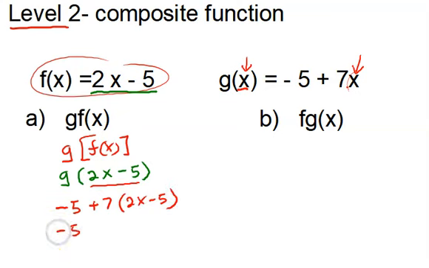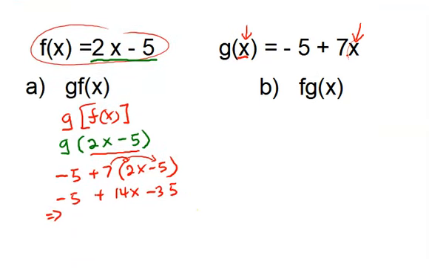So we simplify this and multiply it back. We get 14x and here we have negative 35, which can be simplified as 14x minus 40.